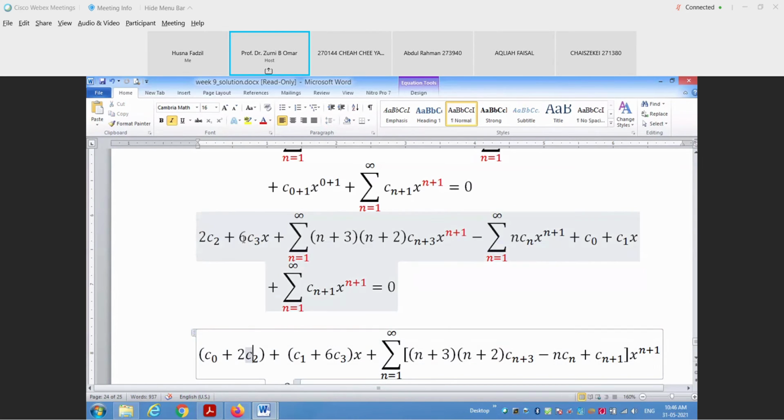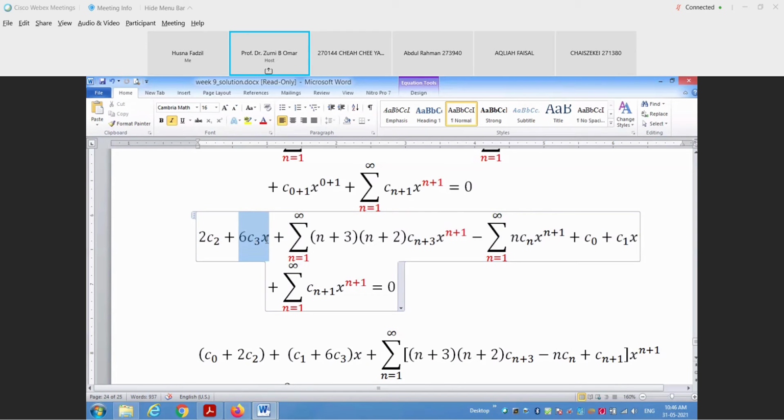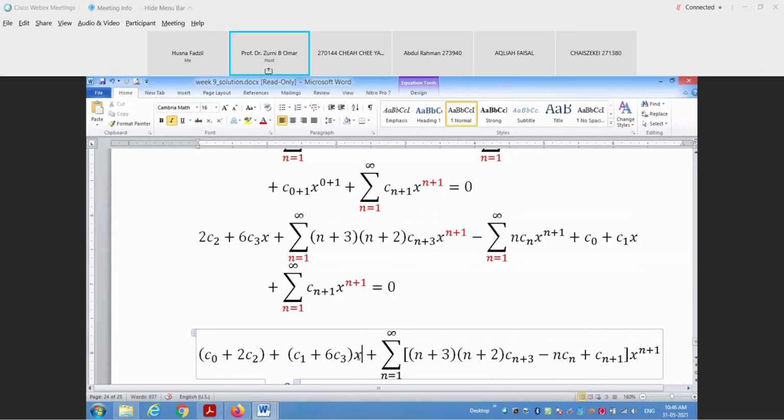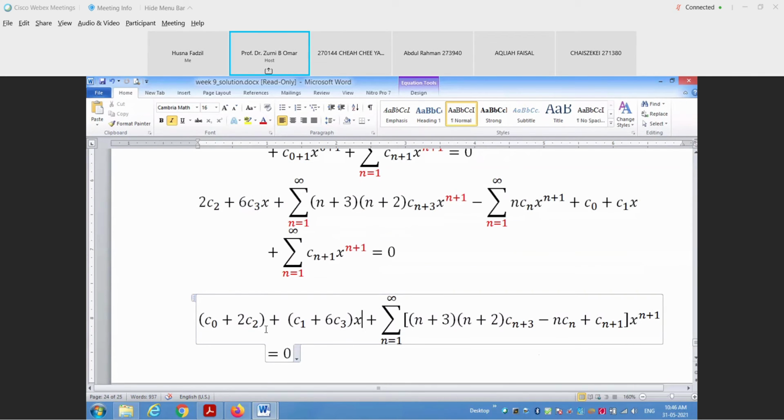And for these two terms, 6C3x and C1x, we have the coefficient for x, so we combine these two as well. So we have (C1 plus 6C3) times x.